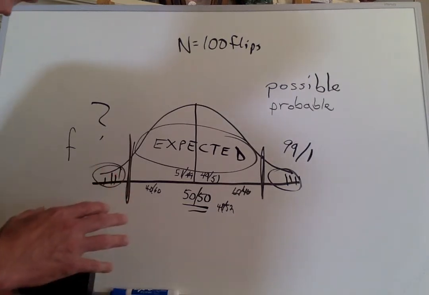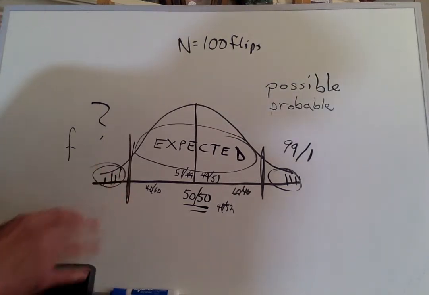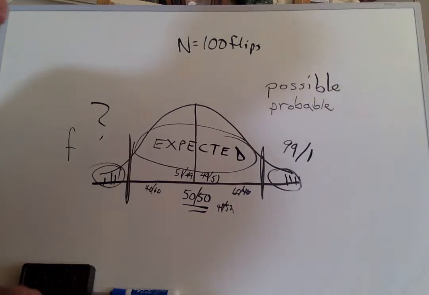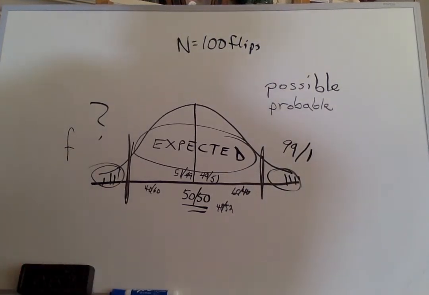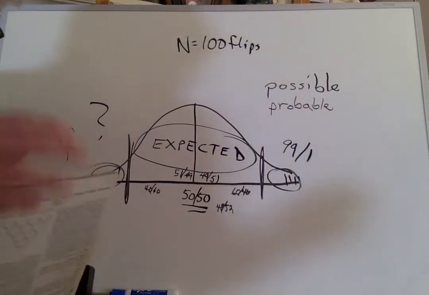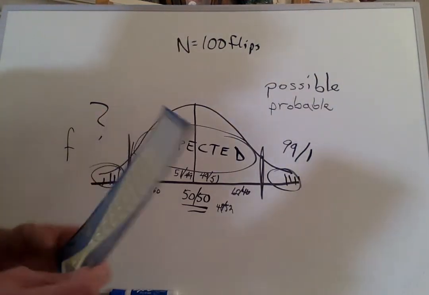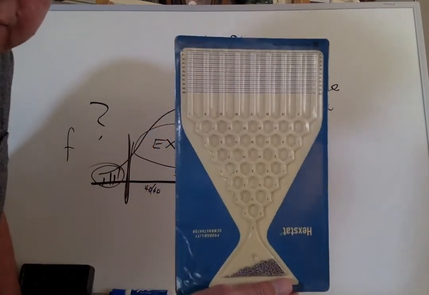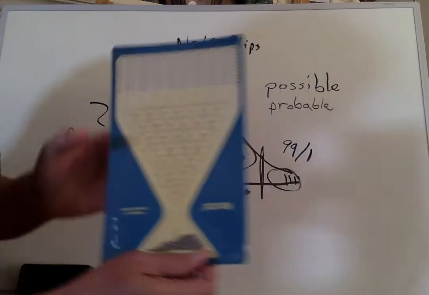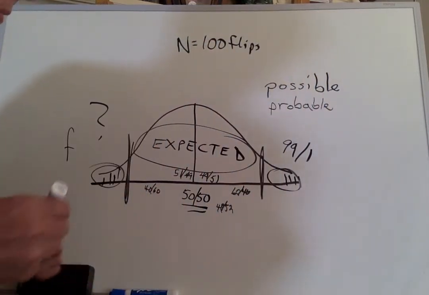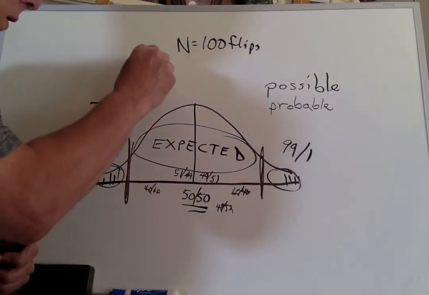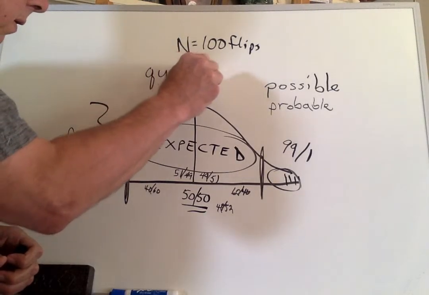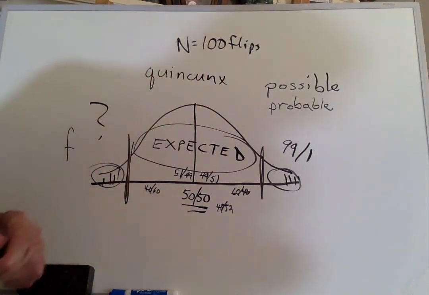And speaking of this, because it's very much like a coin flip in a way, I want to show you something, and I hope that you can see this all right in the video. I have a little thing here. I'm holding it upside down, okay? This is called, believe it or not, a Quincunx, okay?